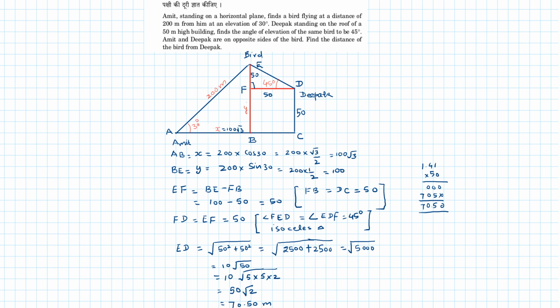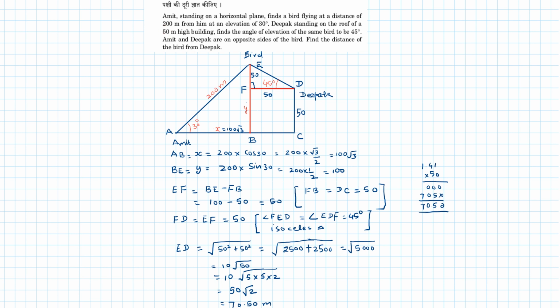EF is equal to BE minus FB. Okay, now BE we have already found to be 100 and FB is basically 100 because it is given to us here.